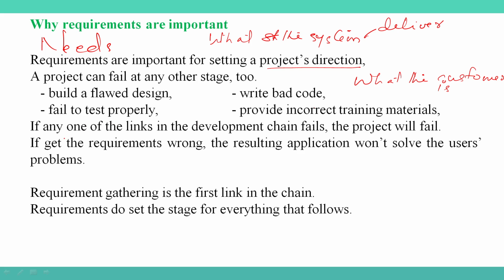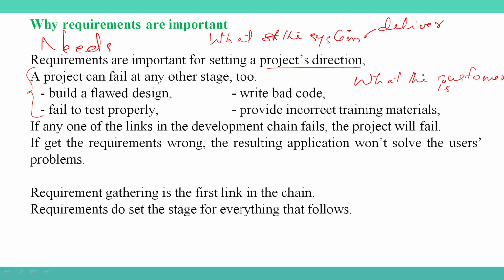Why do we have to fix the project direction? Because a project can fail in many stages. We have already studied the different stages of software development.